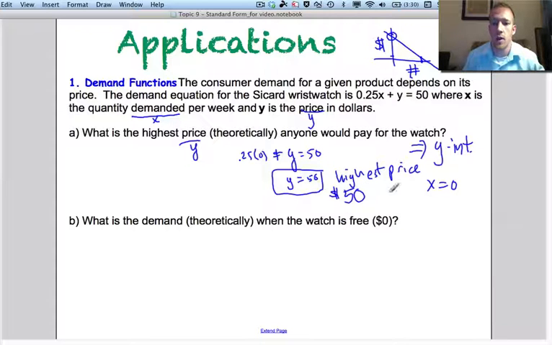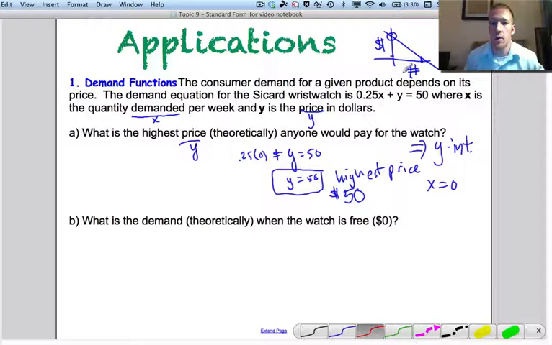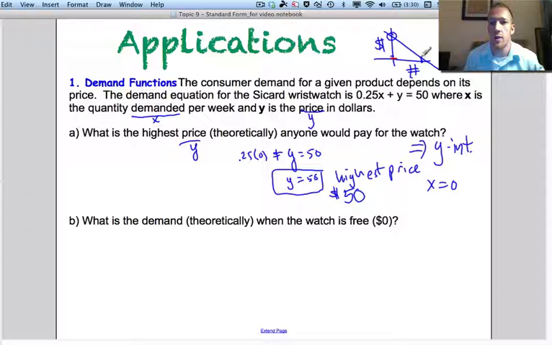What is the demand theoretically when the watch is free? If the watch is free, that's when our price is 0. So a 0 price is our x-intercept. That's here. If y is 0, we have 0.25x plus 0 equals 50. So 0.25x equals 50.